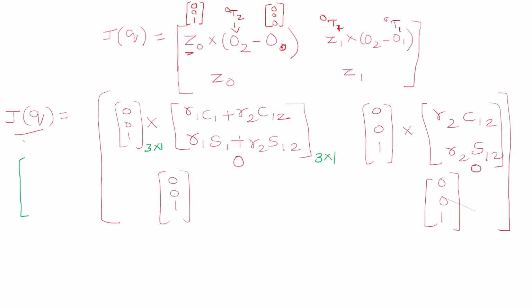For that, just hide the first row of these two vectors. So you have to multiply 0 with the 0 and 1 with this element. So minus of 0 times 0, 0 minus 1 into this one. So you will be getting minus of R1 S1 plus R2 S12, right?